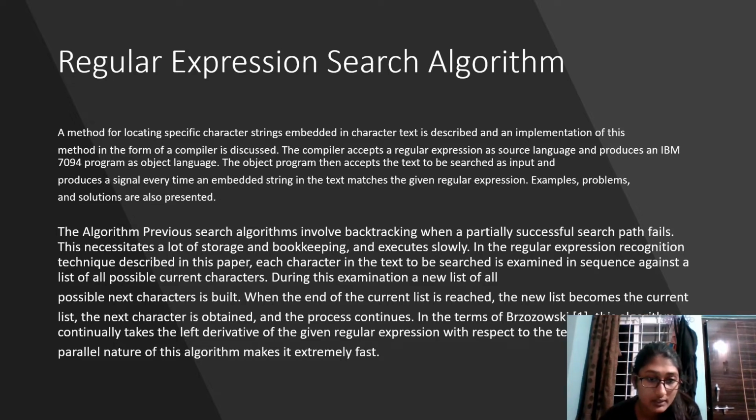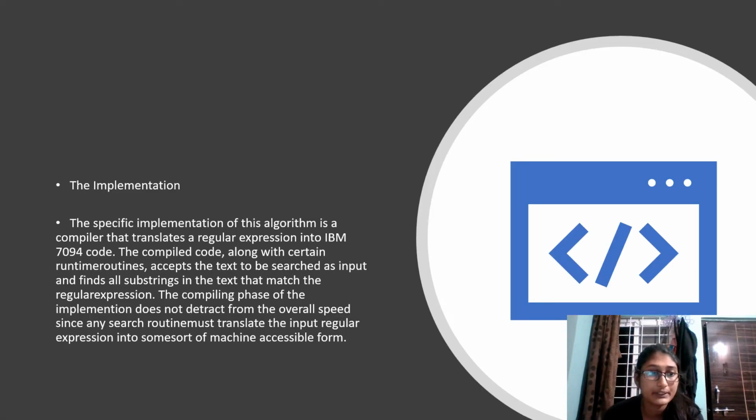Because of the parallel nature of the algorithm, it is extremely fast. Implementation: the specific implementation of the algorithm is a compiler that translates a regular expression into IBM 7094 code. The compiled code, along with certain runtime routines, accepts the text to be searched as input and finds all substrings in the text that match the regular expression.